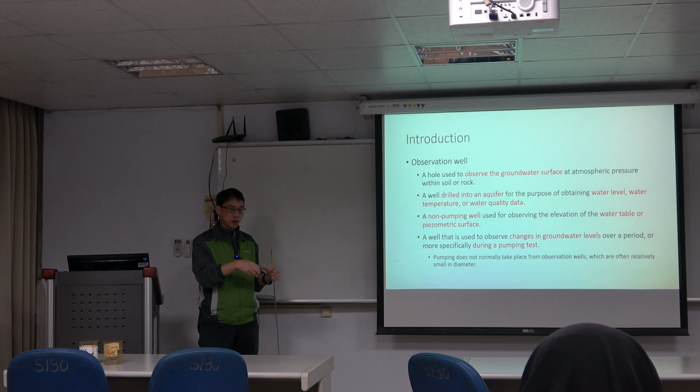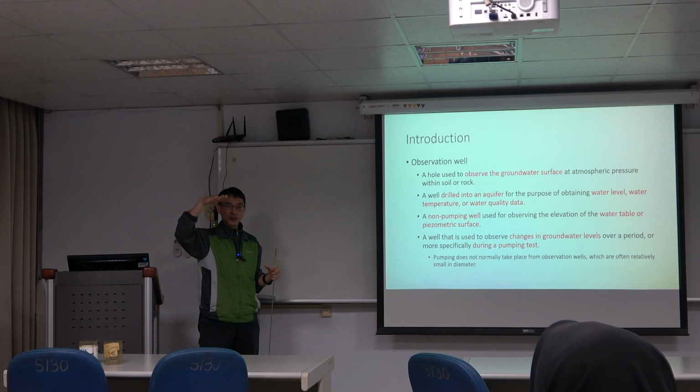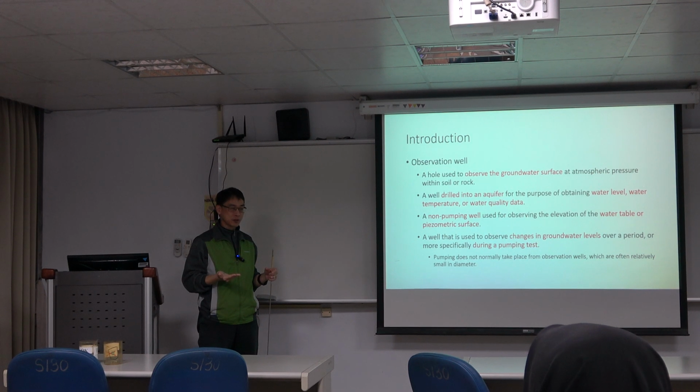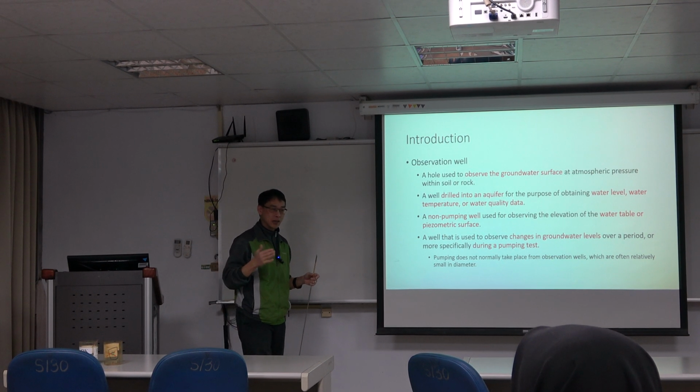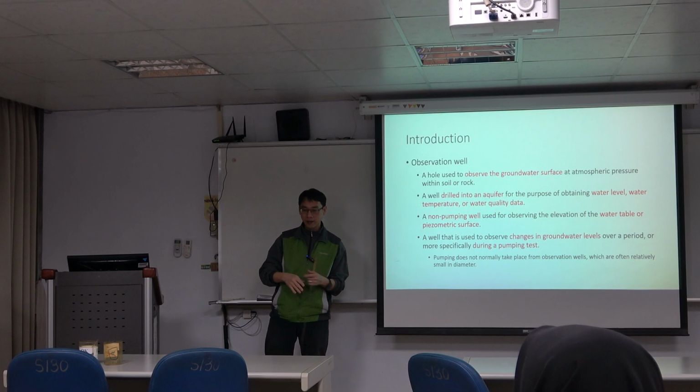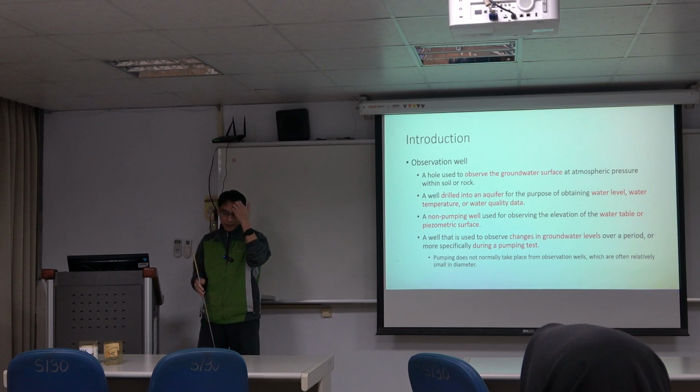So in that area, if you use a pump, you need a more powerful pump to decline your groundwater levels. If your pump is not strong enough, your water level is stable. You are not able to see the decline, and if you are not able to see the decline, you are not able to assess the T and S. So they met these problems because their pumping test failed. They were not able to see the water level decline, and they could not use that to assess their T and S.